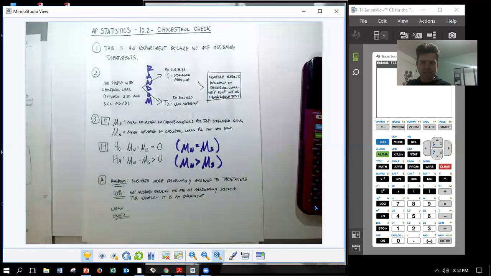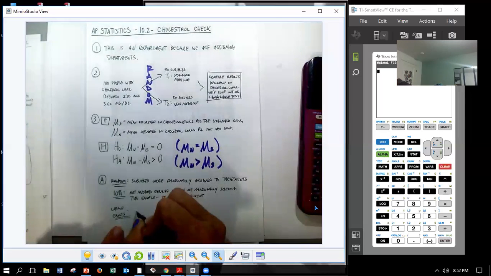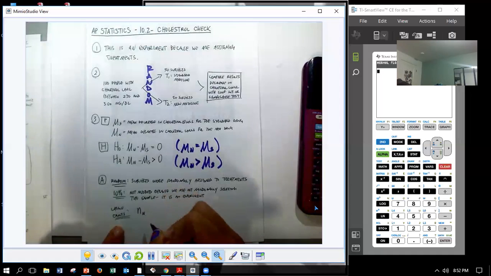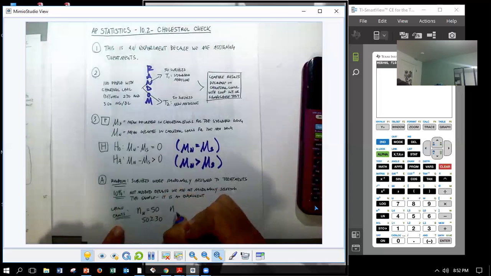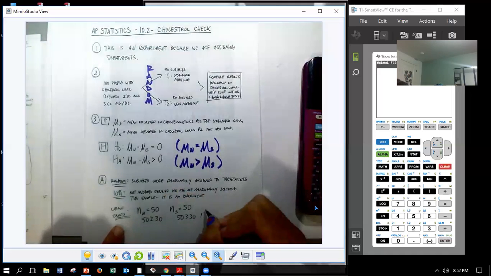And we don't have access to the graph here, but we do have something special that we can check, and that we know that both of the treatment sizes end up being greater than 30, right? So we can say n sub N was equal to 50, and 50 is greater than or equal to 30, and n sub S was equal to 50, and 50 is greater than or equal to 30, right?